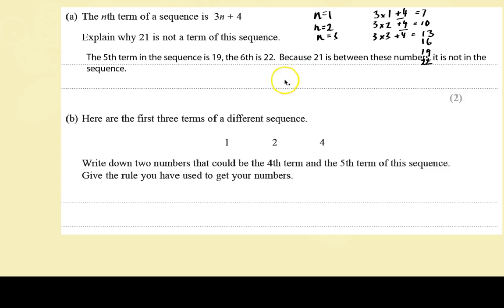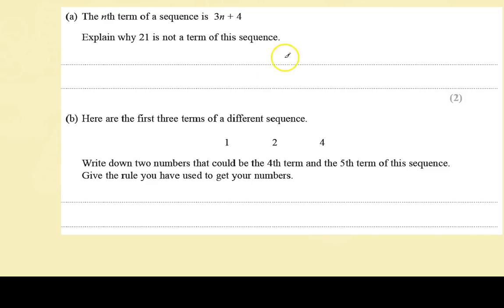Another way to solve this, if you are feeling confident with your algebra, is to use algebra. So what it's asking us really is, is there an n so that 3n plus 4 gives us 21?